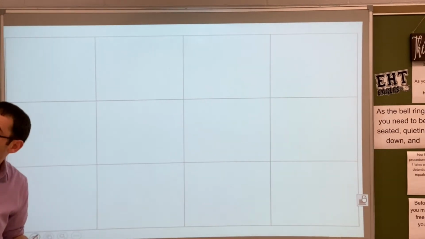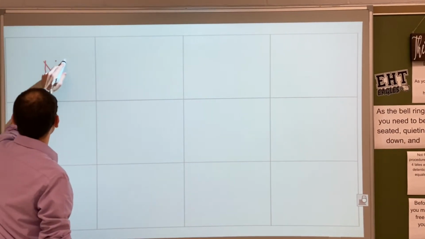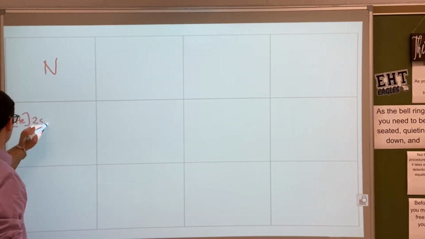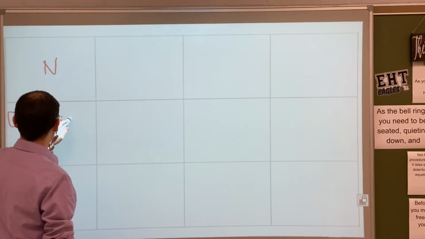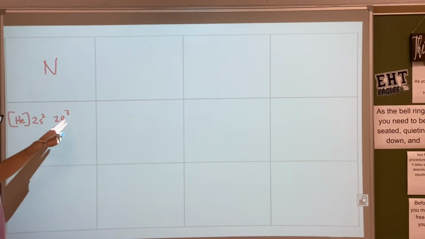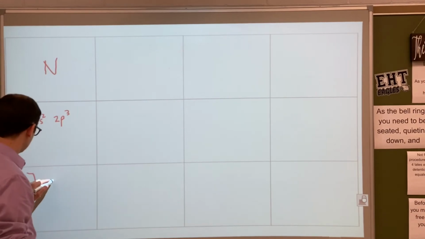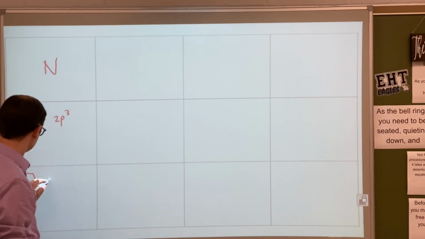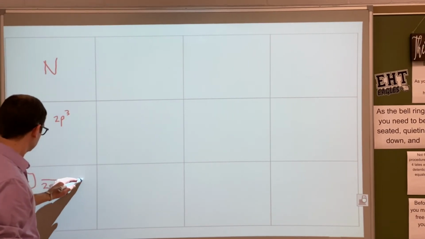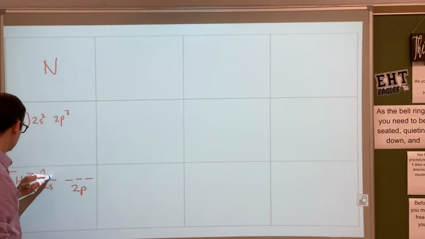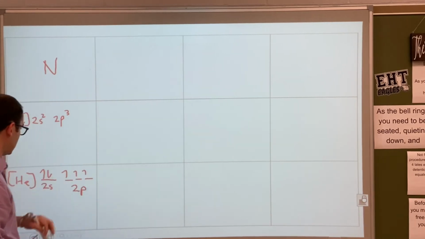So after carbon, we go to nitrogen. And let's see if it works here. All right, so we have 2s2, 2p3. Down, up, up, up.